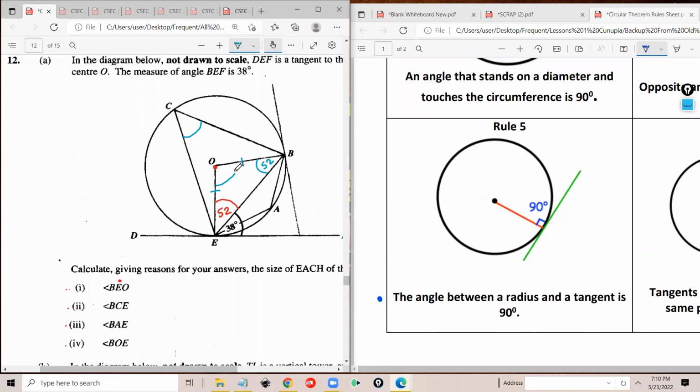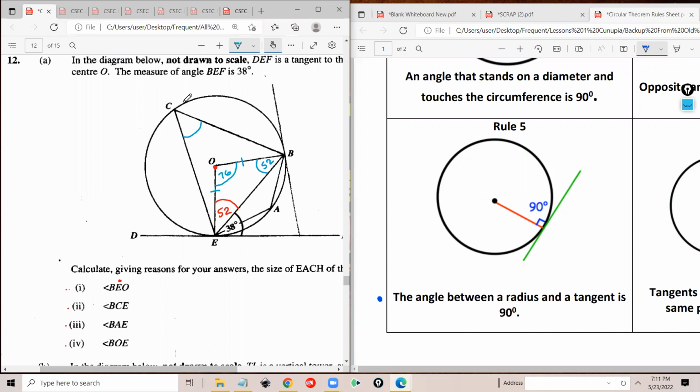So we can calculate this angle here for the time being. We add 52 and 52 and minus it from 180. So 52 plus 52, minus it from 180. And I think over here, we're going to get 76 degrees. I'm pretty sure that that's the answer for this part.